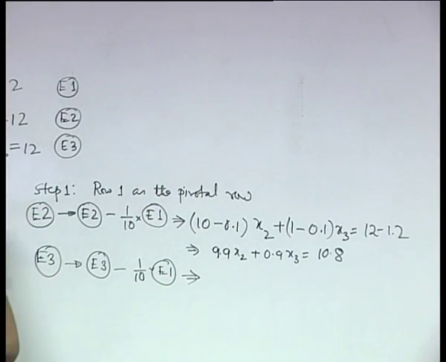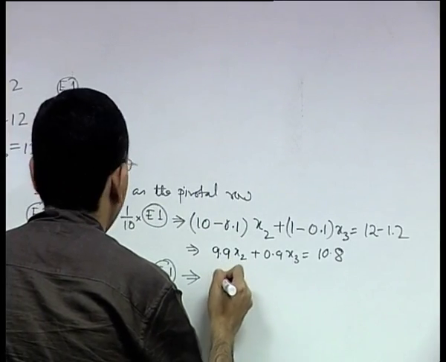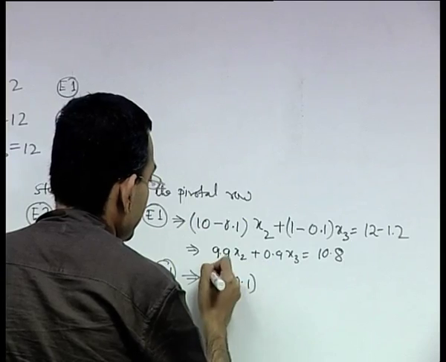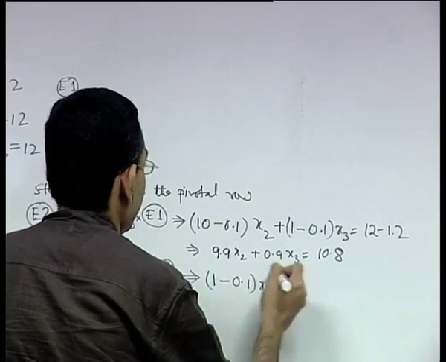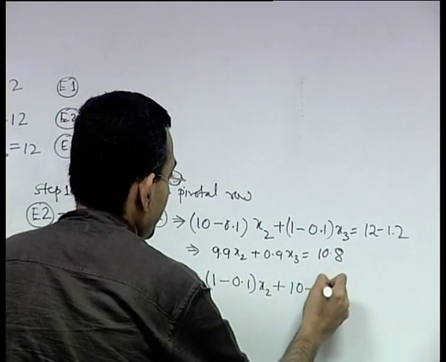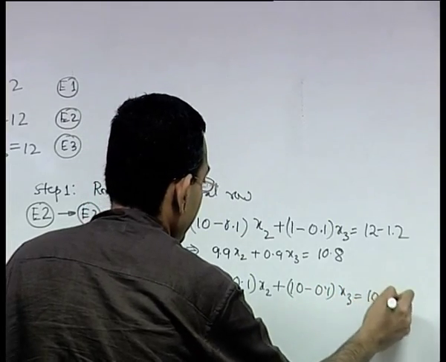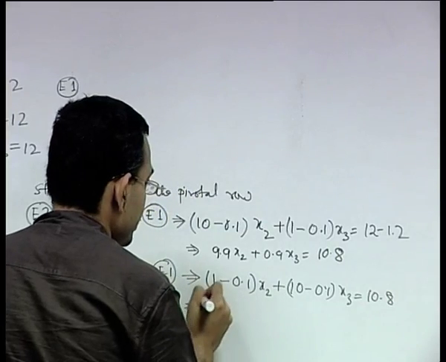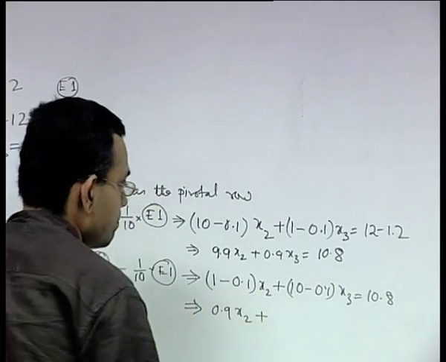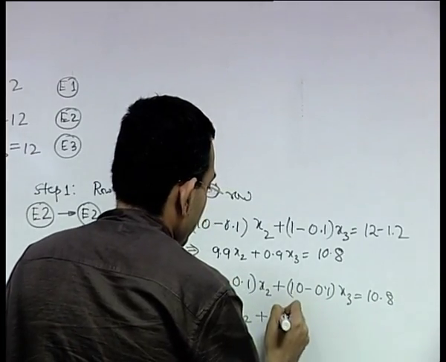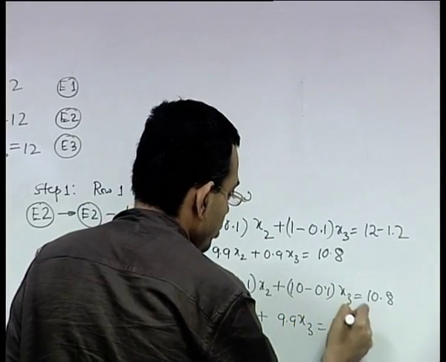Then we have 1 minus 0.1 x2 plus 10 minus 0.1 x3 is equal to 10.8. That means 0.9 x2 plus 9.9 x3 is equal to 10.8.